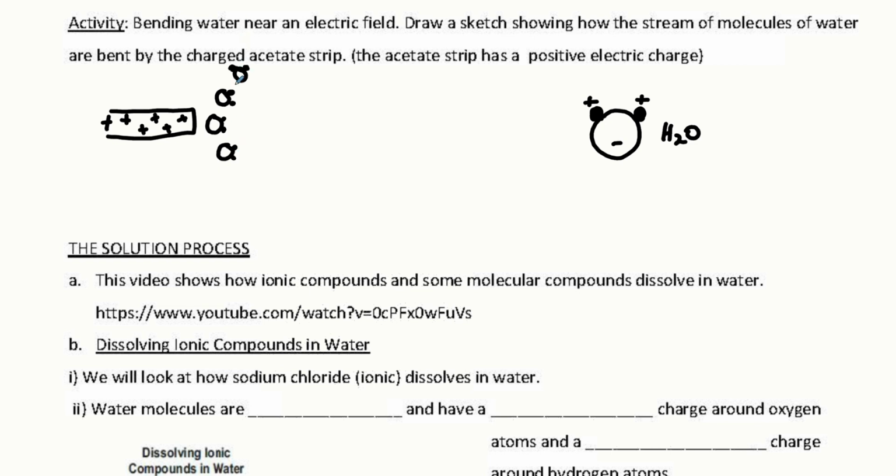So it will be going straight and then it takes an obvious bend towards the strip. So sort of like that. Instead of just falling straight down, it makes a bend towards the charged strip, and that bend is an attraction between positive and negative.